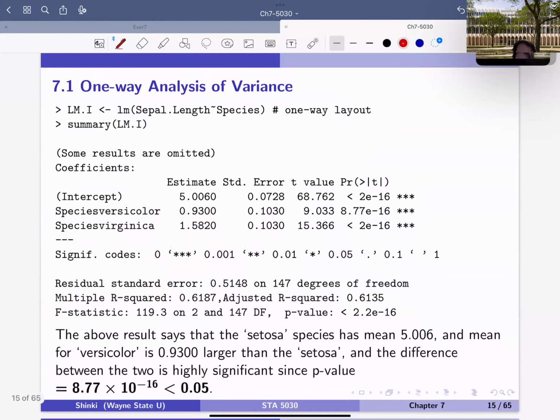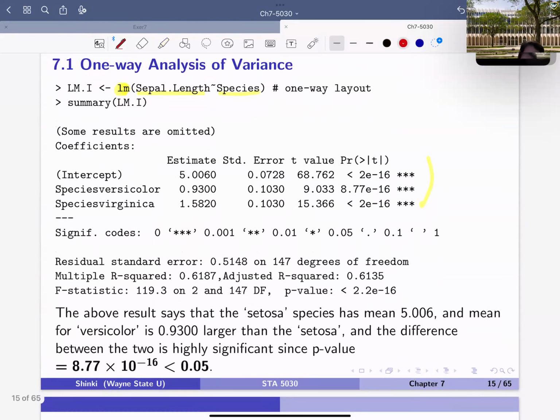And how to run this ANOVA model, the one-way layout? That is actually done by the same function as the linear model, because of the reason I discussed. The linear model is very closely related to the one-way layout. With sepal length on species, we can get this.